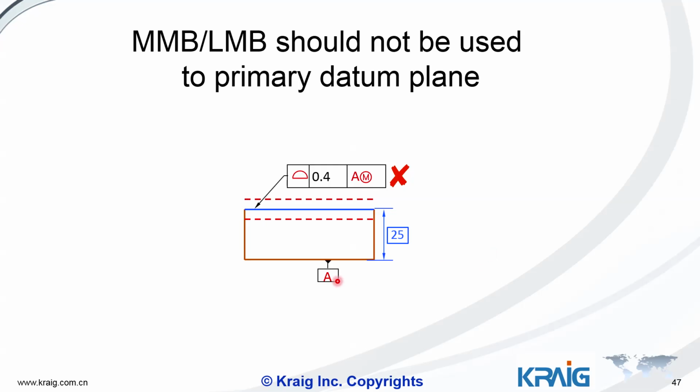If datum A is the primary datum, in that case you can never apply the MMB here, because basically there's no MMB boundary. There's only one surface here. Okay, so again, if a surface is a primary datum, then you shouldn't put the MMB requirement after datum.